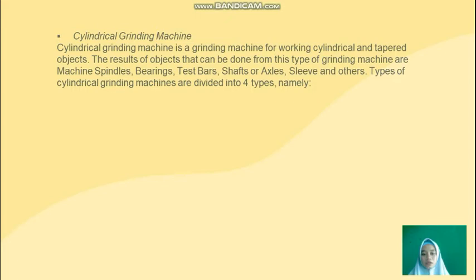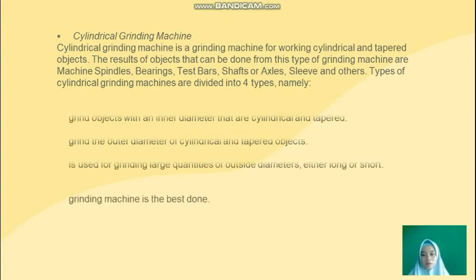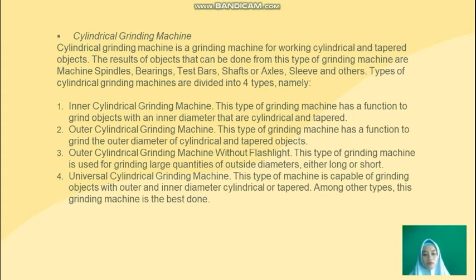Types of cylinder grinding machine are divided into 4 types, namely: 1. Inner cylindrical grinding machine. This type of grinding machine has a function to grind objects with an inner diameter, cylindrical and tapered. 2. Outer cylindrical grinding machine.